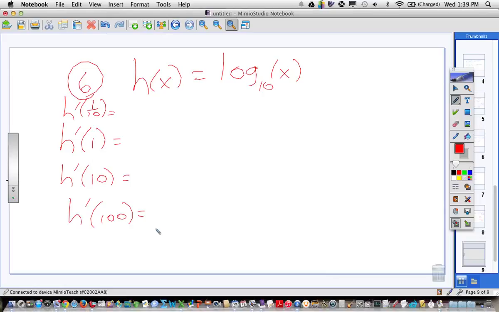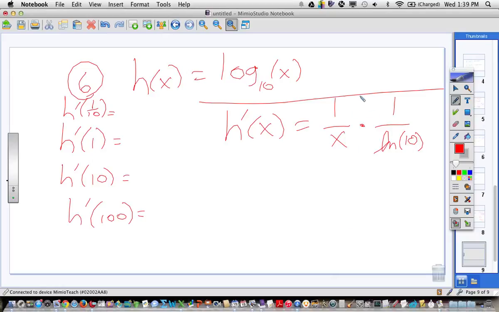So how do we find h prime of 10? Well, first we have to find h prime of x. So what we need is to do the derivative of log base 10 of x. And what is that derivative? 1 over x times 1 over ln 10.